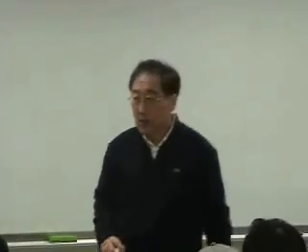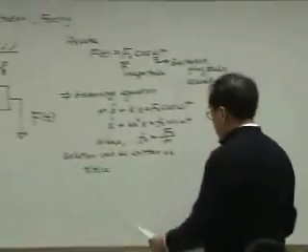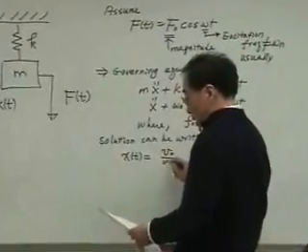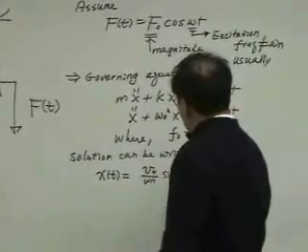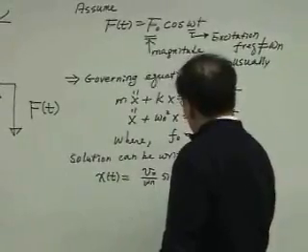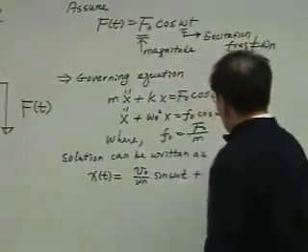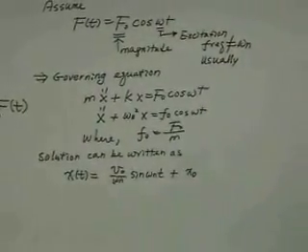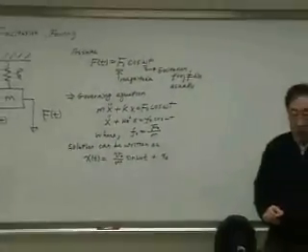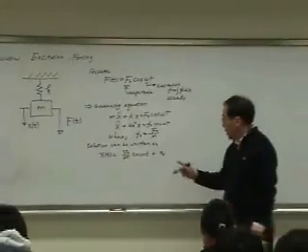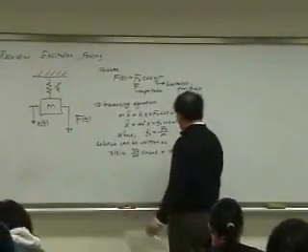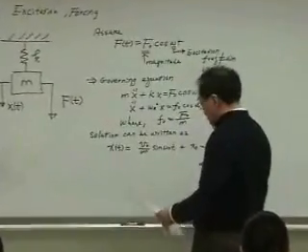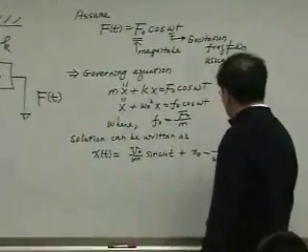Initial condition. And that can be written as v0 over omega n sine omega n t, plus another term due to the initial displacement, that is x0 cosine omega n t. And also there is another contribution from the excitation.